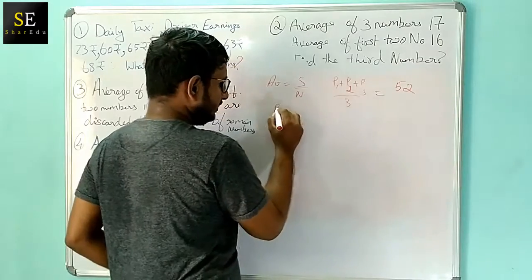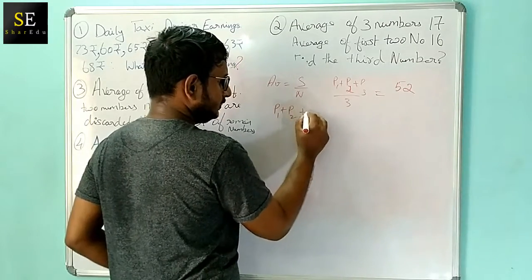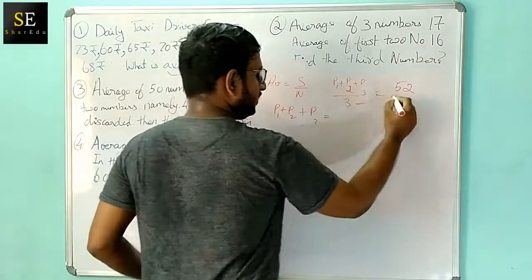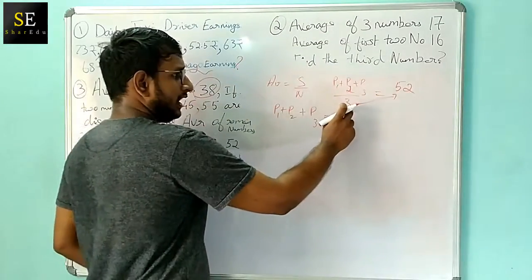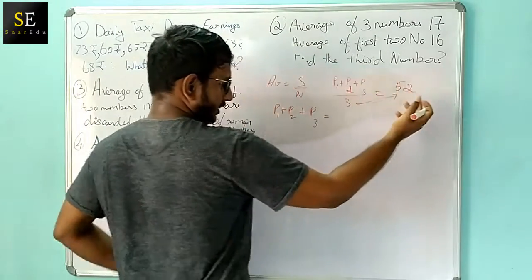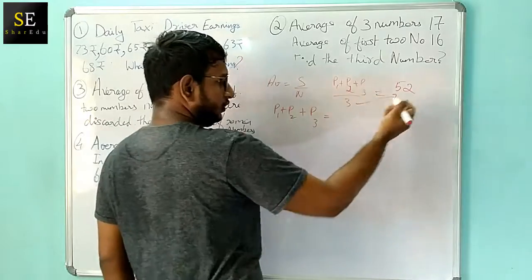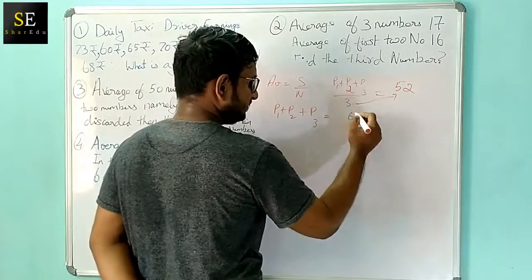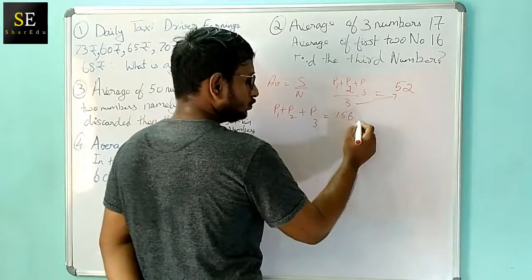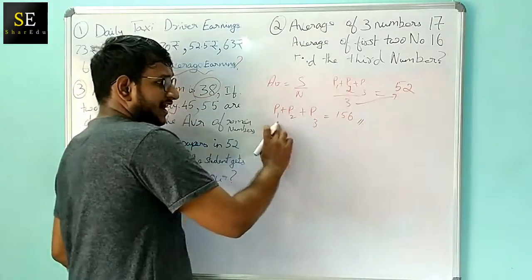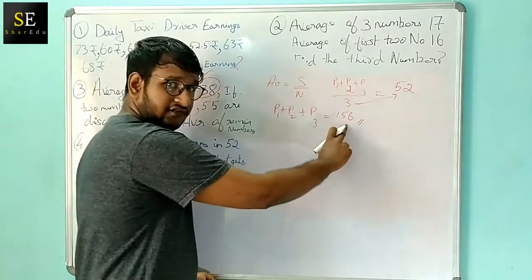So what will be the sum of three papers? We have to multiply 3 into 52. 3 into 52: 3 5s are 15, so 156. So the sum of the three papers is 156.